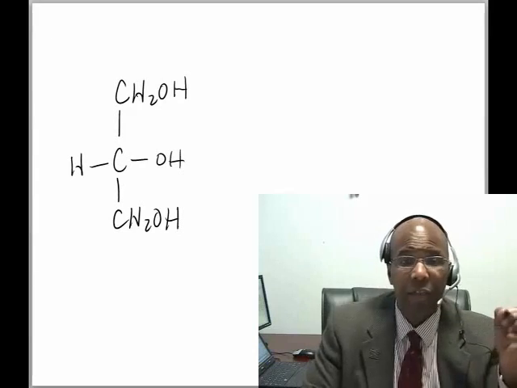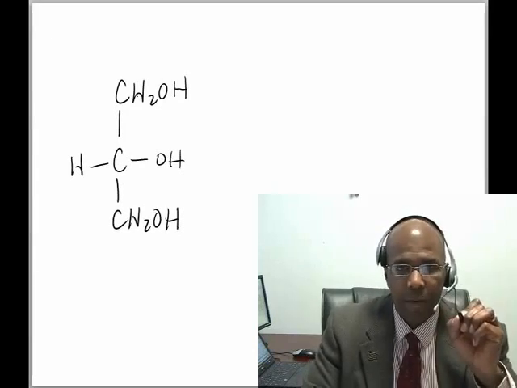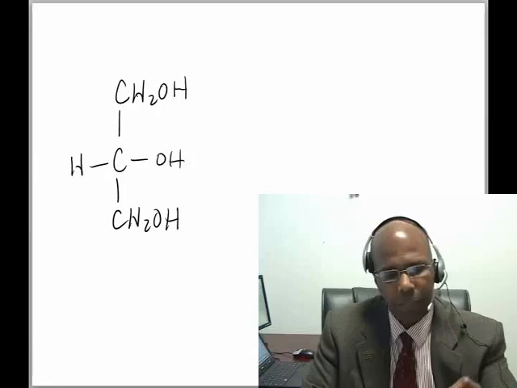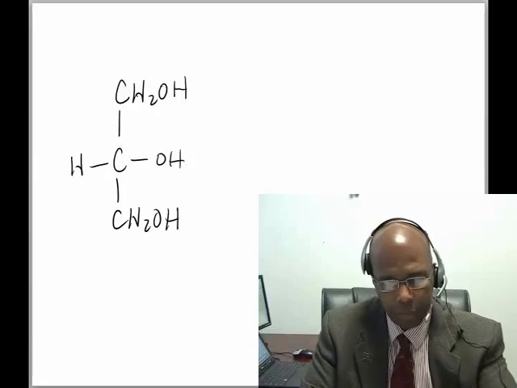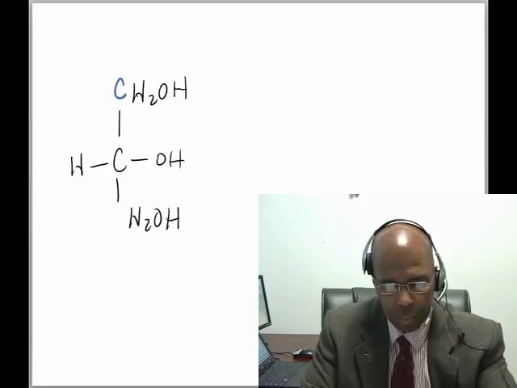Okay, now let's figure out which carbon. I'm going to be erasing which carbon. Let's make this one blue and make this one green.